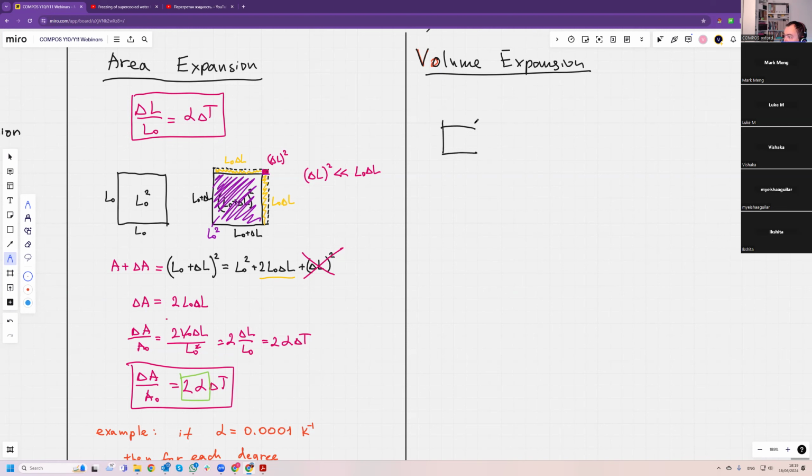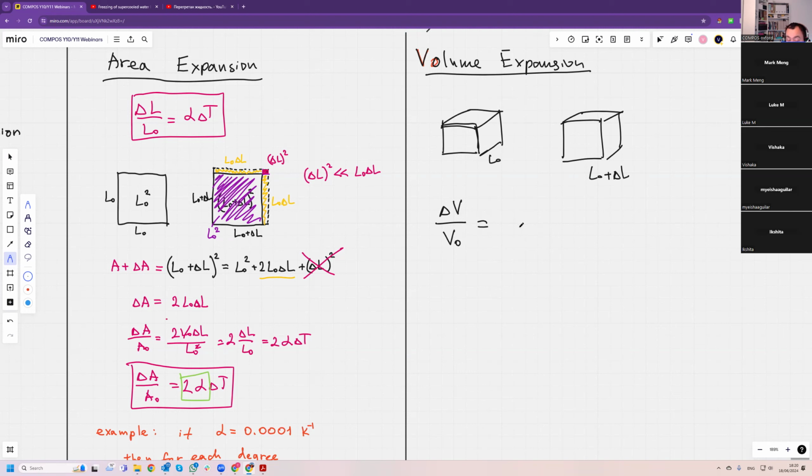Yeah, it is like a scale factor. Exactly, thank you. 1.01 squared is 1.02. We take a cube with length L0 and it becomes bigger. It becomes a cube with sides L0 plus delta L. So we're interested in the change in volume divided by the original volume.